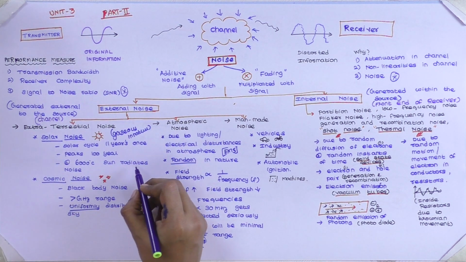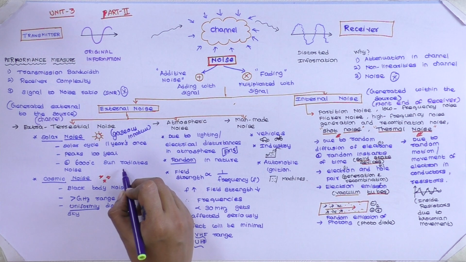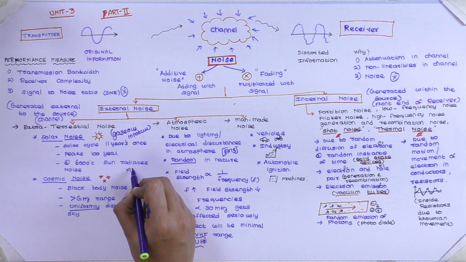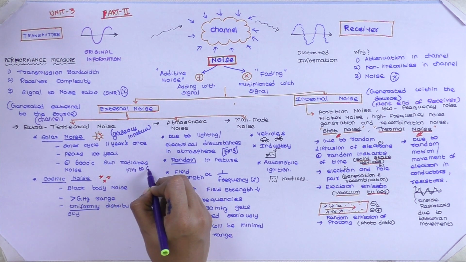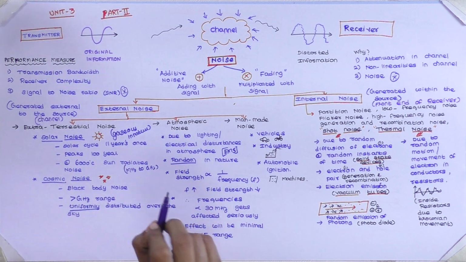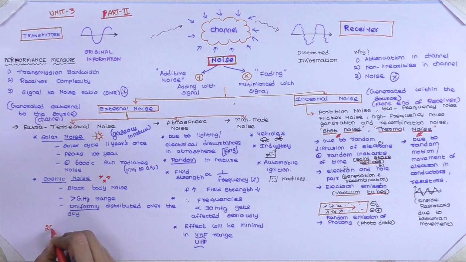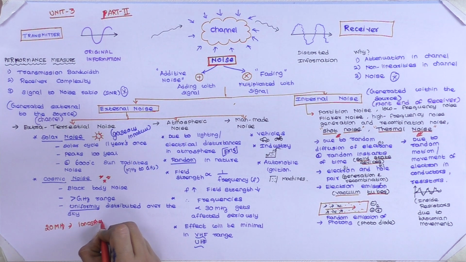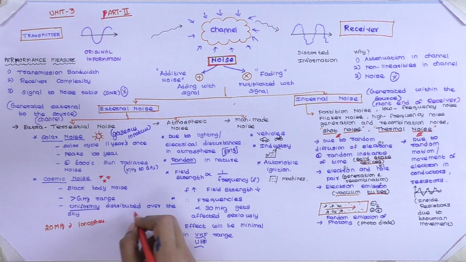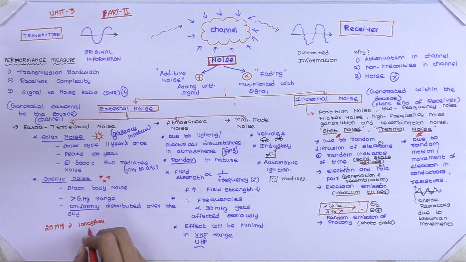It affects almost the whole megahertz to gigahertz range. But we know that up to 20 megahertz will be filtered by the ionosphere, the layer surrounding the earth above the atmosphere. So below 20 megahertz is filtered by the ionosphere.